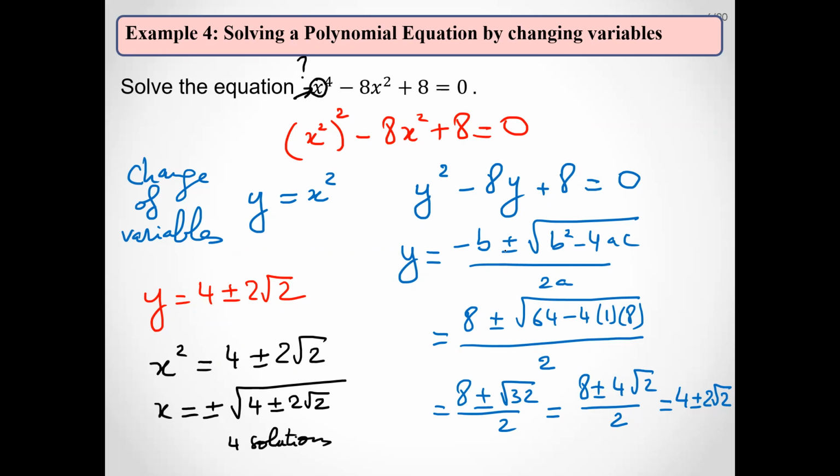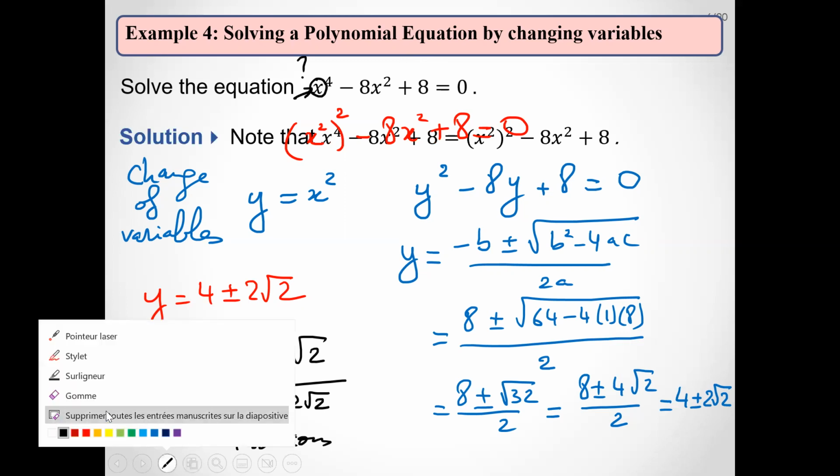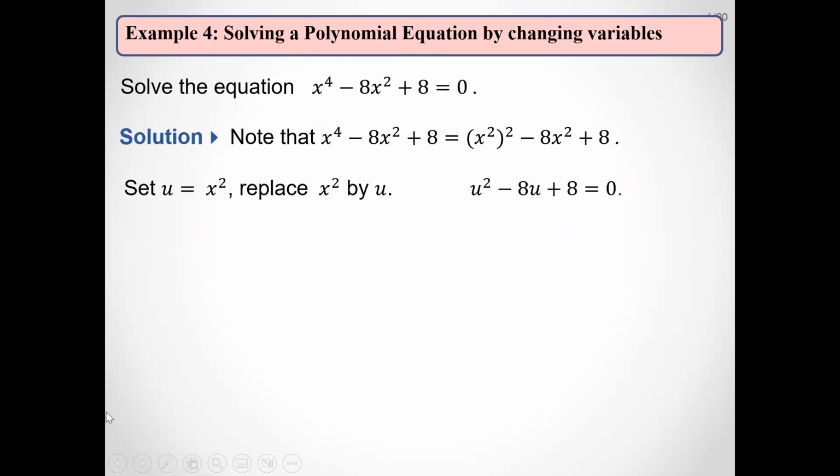Of course, the problem here is that the solution of the quadratic equation is a bit complicated. It has radicals, but this is the idea. Again, here instead of y we could use u. What matters is any other symbol or letter different than x so we don't get confused.